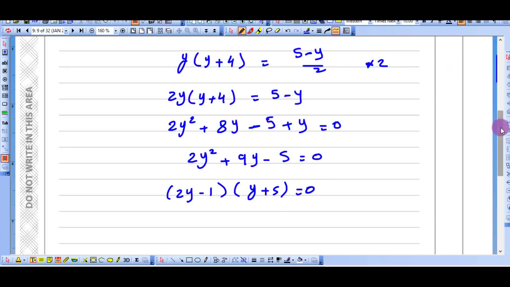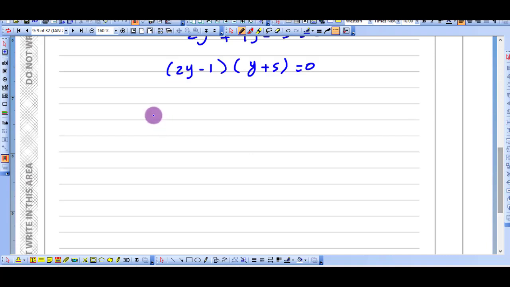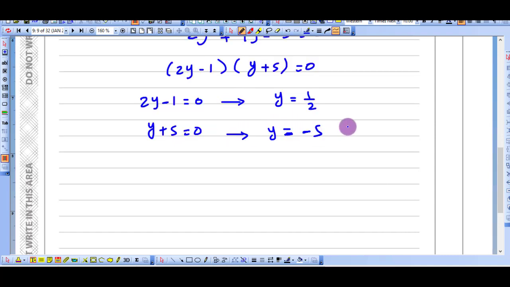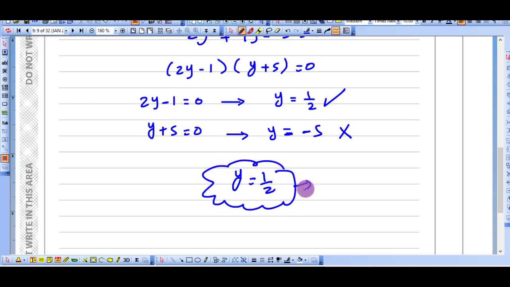So we have 2y minus 1 is equal to 0 and y plus 5 equal to 0. From here y equal to half, and from here y equal to minus 5. This is rejected, this is right. So the final answer is y equal to half. And this is the answer of the question. Let us go ahead to another question.